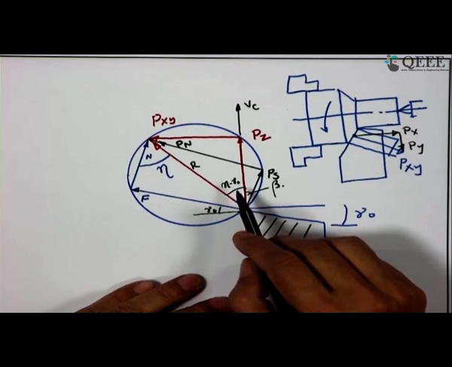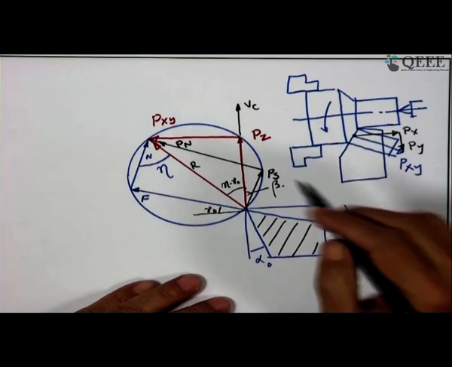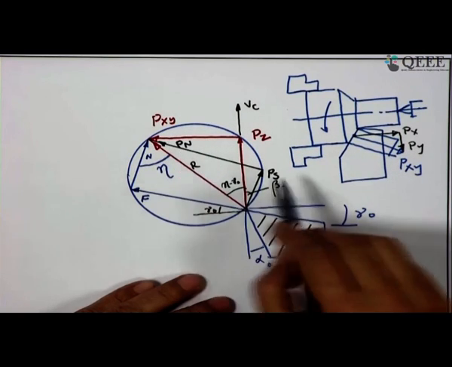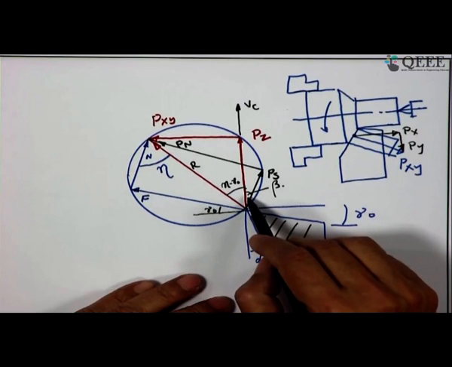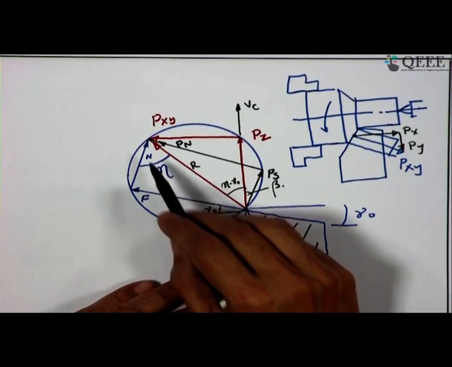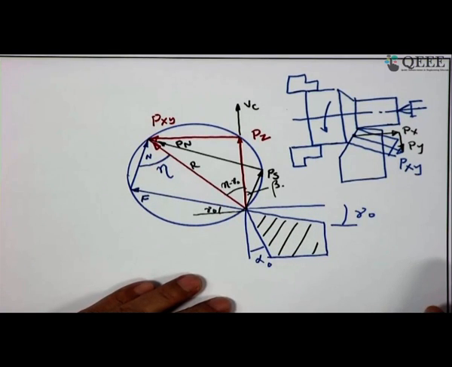So, this way we can see that Pxy and Pz are connected by eta minus gamma, Pn and Ps are connected by eta minus gamma plus beta, and F and N are connected by the angle eta. So, that you have to note down.